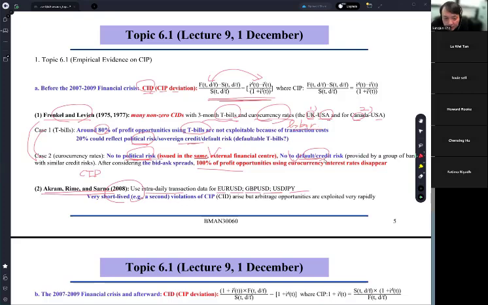But if you think there are political risk or default credit risk, then you could find some CIP violations. So Frankel and Levich just use the LIBOR and find in that ideal case, CIP holds. But obviously, CIP might not hold in some less ideal case. Then you have to worry about these two. Is that answering your question?